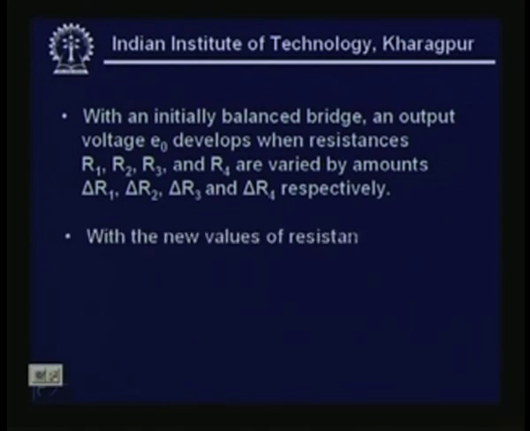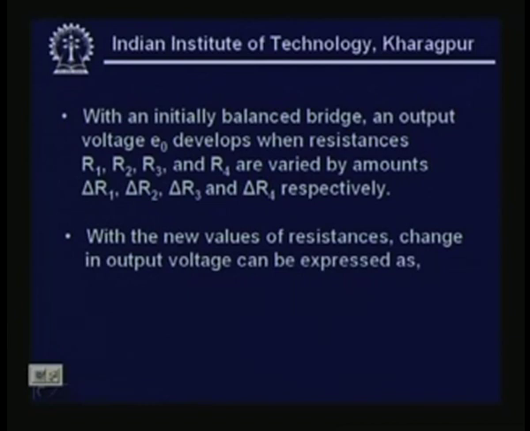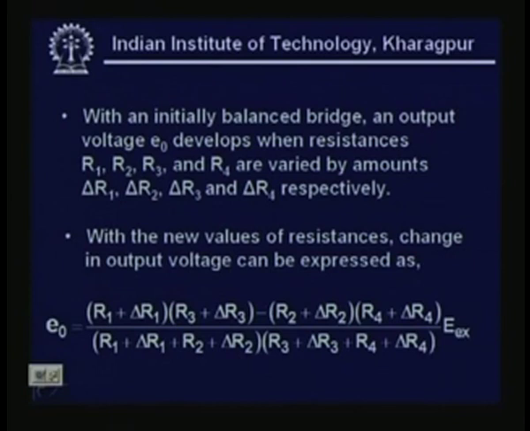With the new values of the resistances, the change in output voltage can be expressed as E naught equals (R1 plus delta R1)(R3 plus delta R3) minus (R2 plus delta R2)(R4 plus delta R4), upon (R1 plus delta R1 plus R2 plus delta R2) multiplied by (R3 plus delta R3 plus R4 plus delta R4), multiplied by the excitation voltage E_ex.